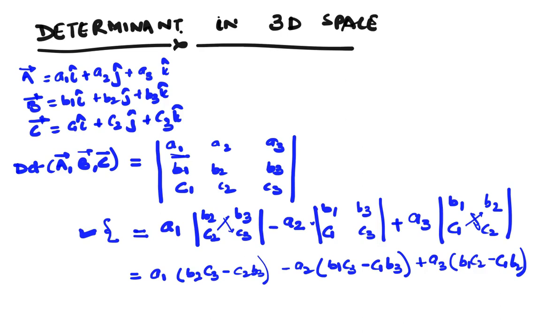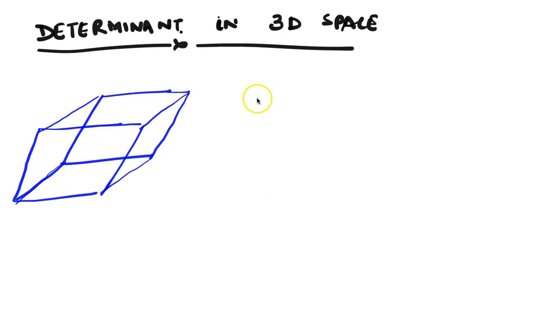Great. So what does the determinant in 3D space actually mean geometrically?